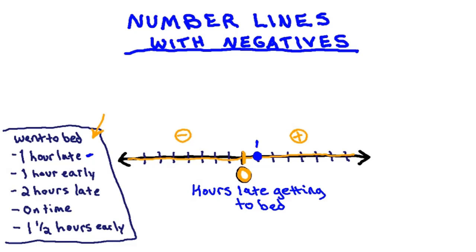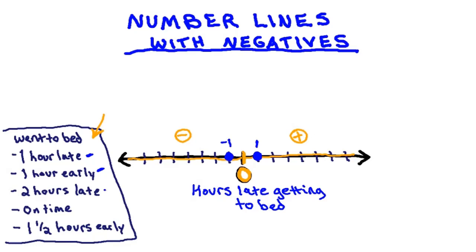And then the second night, Monday night, you went to bed 1 hour early. Well, 1 hour early is going to be in the negatives, and we're going to have a negative 1. You went to bed negative 1 hours late, and so your point would be right here in the negative 1.